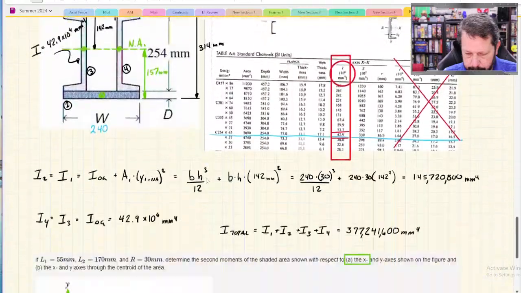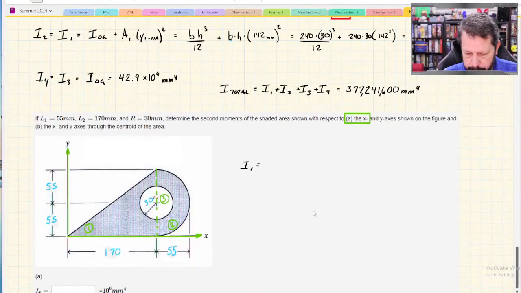So this moment of inertia: B is 170. H is the height of the triangle, which is 55 plus 55, so 110, cubed over 12. And this one does not need the parallel axis theorem because the moment of inertia that this equation is related to is the bottom line of the triangle.